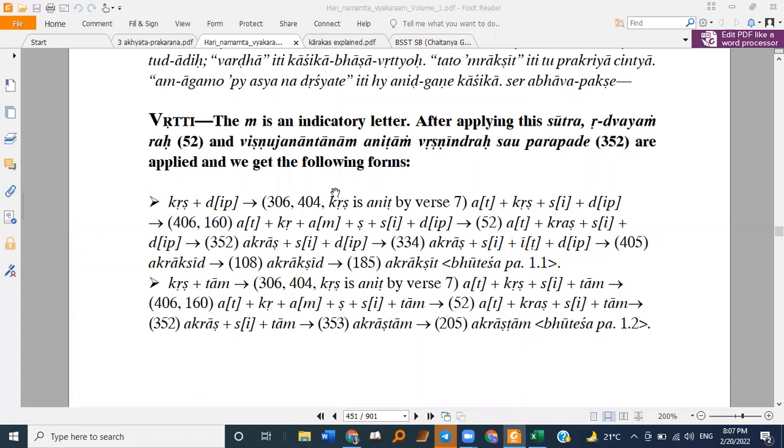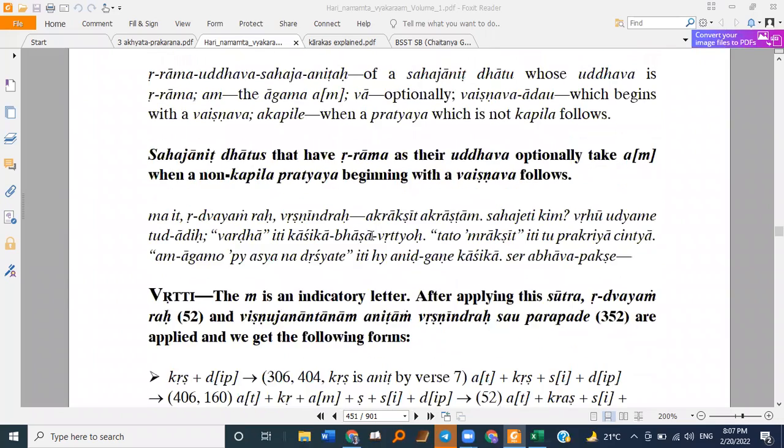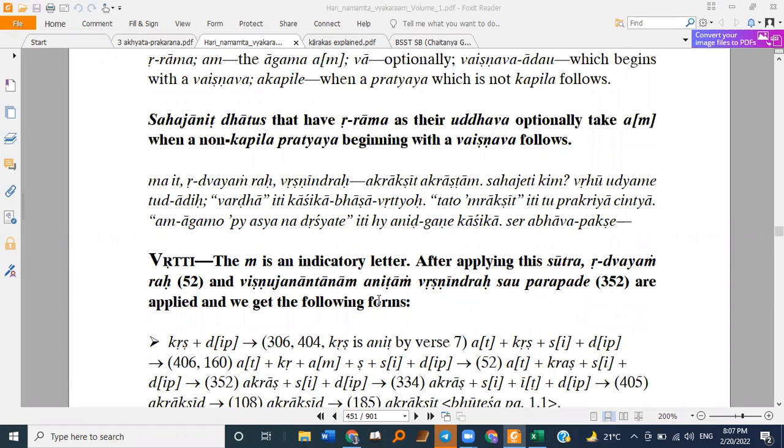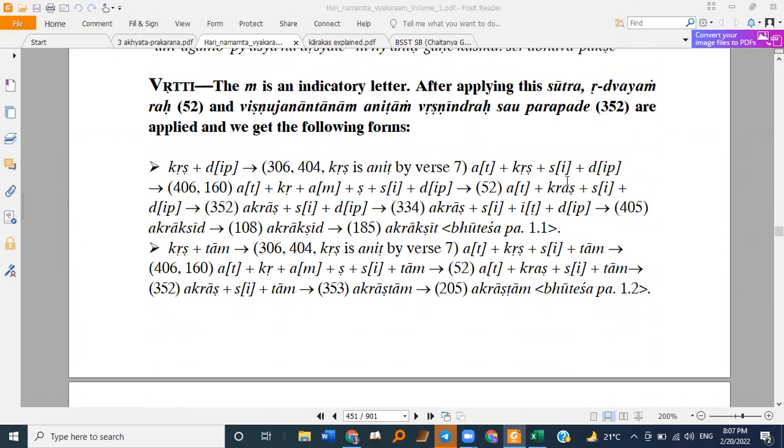Okay, so I just said that one form we made of Krishyukta Dip was Akarkshit. Another form for the same Krishyukta Dip is when we insert. So we insert by this sutra because the sutra says Ri Ramodhava Sahajanito Va Vaishnavadava Kapile, which means that if we have a dhatu with Ri Ram at its Uddhava ending in Vishnujana, which is Anit, and Vaishnava Pratyaya following, which is not Kapila, then we insert. And where do we insert?